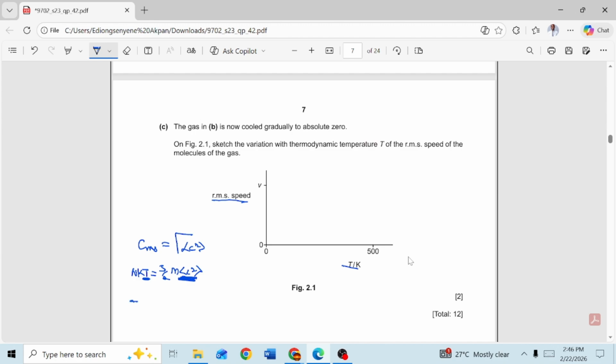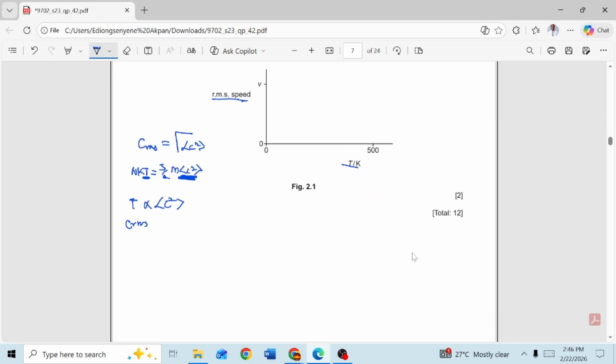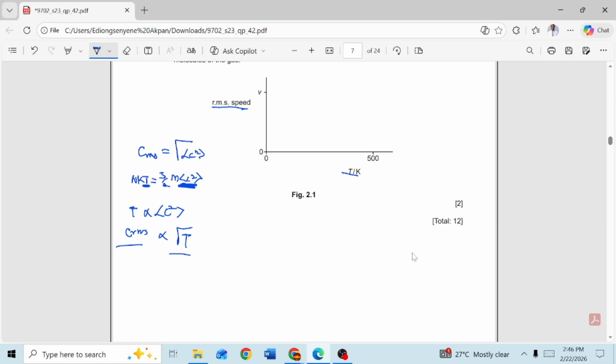So temperature is proportional to mean square speed. If mean square speed is square root, it means that root mean square speed will be proportional to square root of the temperature. They are proportional, but this is square root.